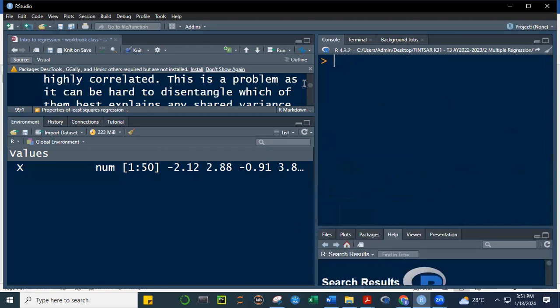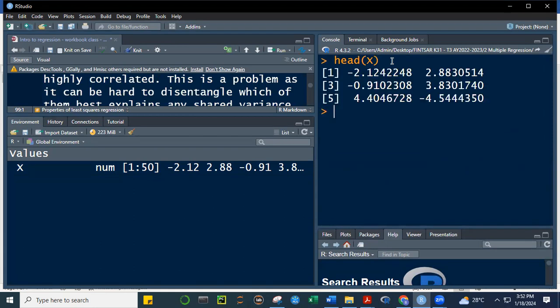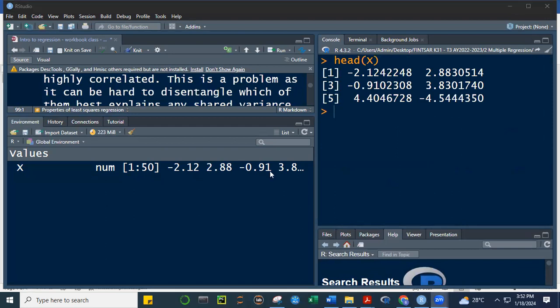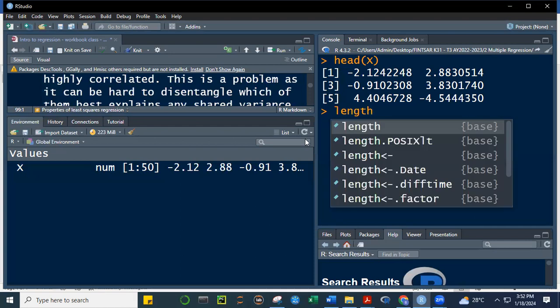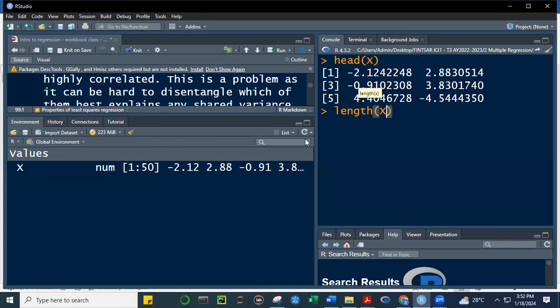And then, if we use the function head and then our object x, this will give us the first 6 observations. Control Enter. Run natin yan. Thank you, Carlo, for the reminder. I was thinking of another function. Length ng x, correct.